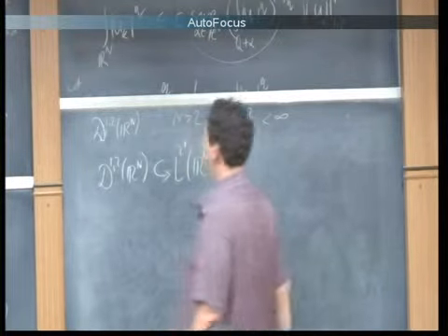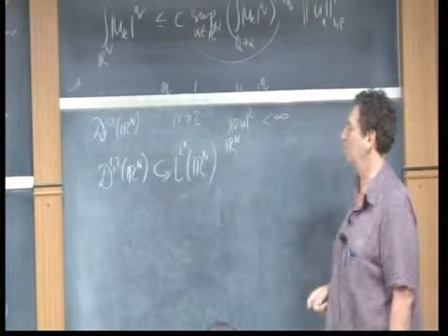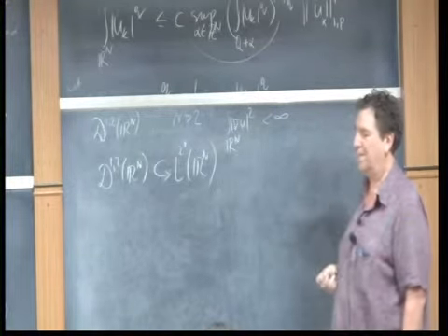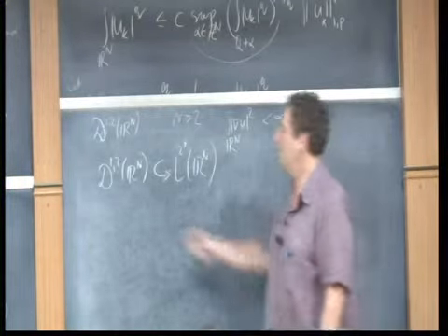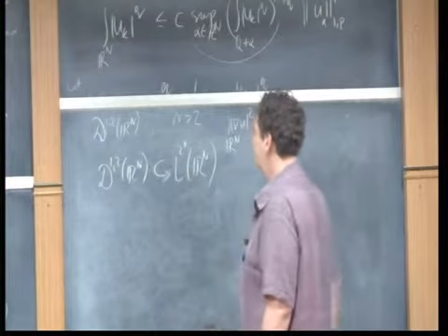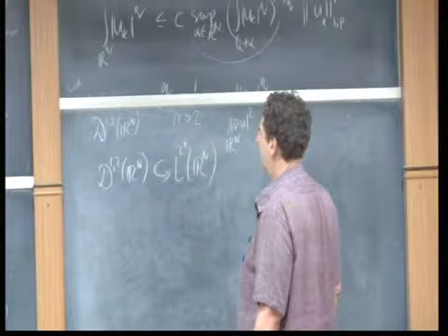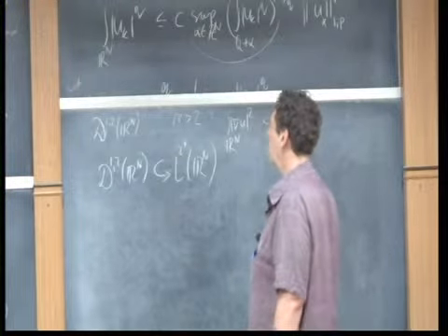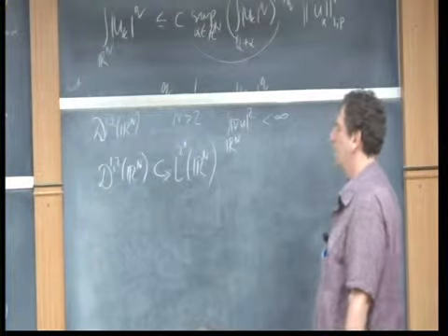So not only is this embedding not compact for the previous reason, which was that one can translate the sequence to infinity and get a sequence weakly converging to zero, but with a constant bulk here and here. There is another transformation, the scaling transformation, that also preserves the norms, but creates sequences that go weakly to zero.